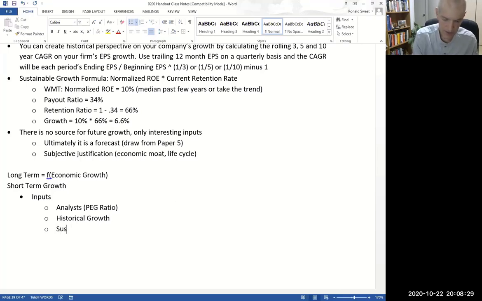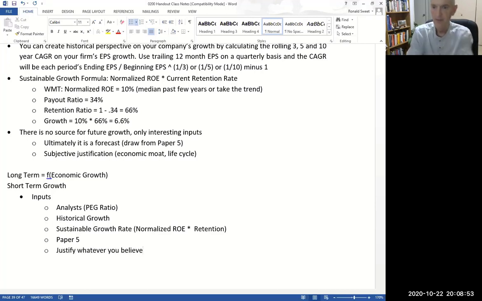You can do the sustainable growth rate, ROE times retention, but make sure you use normalized ROE times retention. You can look at your paper 5, and then you just justify whatever you believe. There's no rules on forecasting, and we know we're really bad at it.